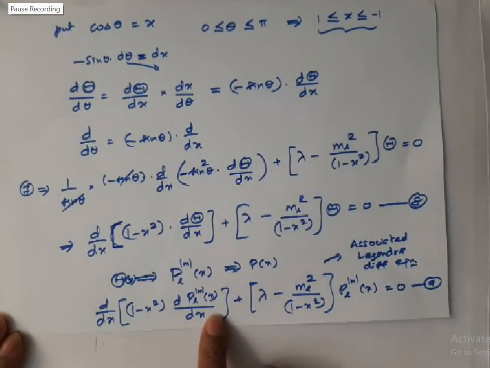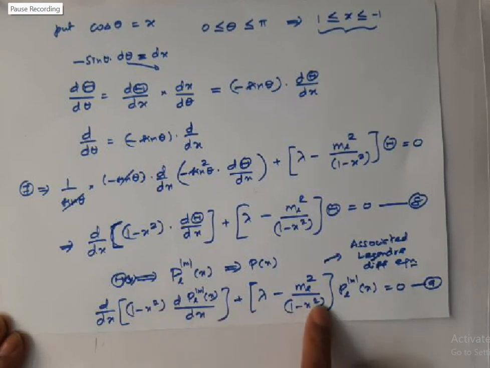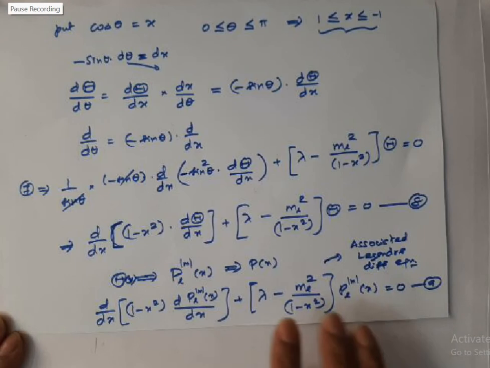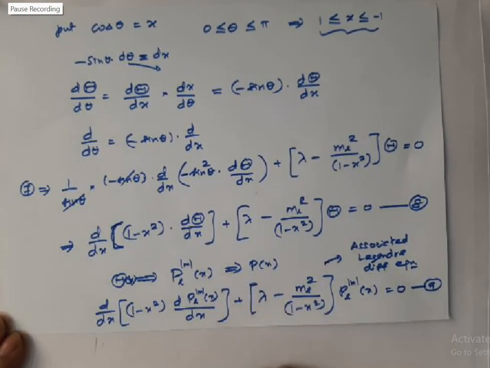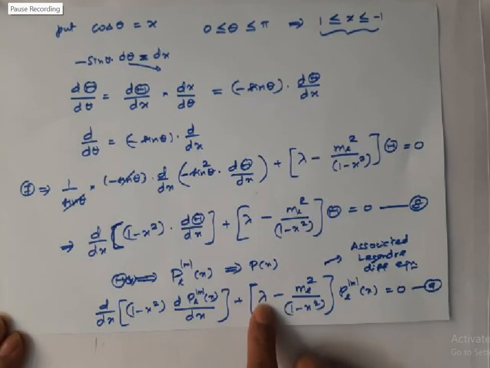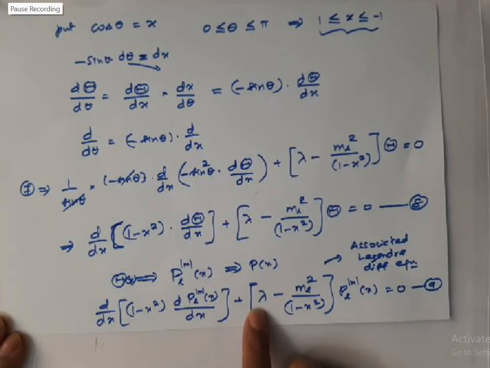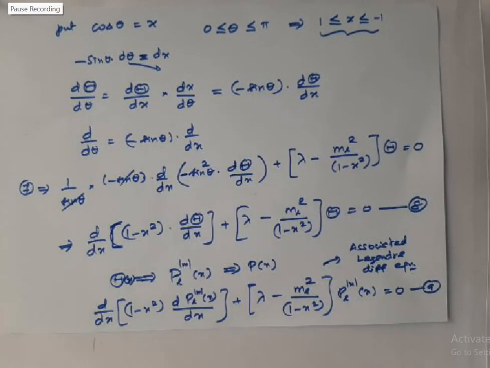I told you this is what we call the associated Legendre differential equation. Now we need to find the solution for this equation, and we also should know the exact value of lambda. So how to proceed?